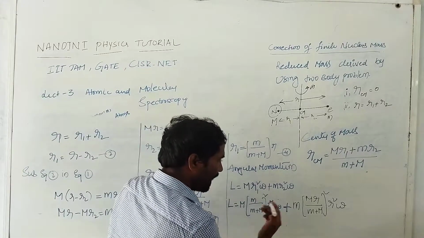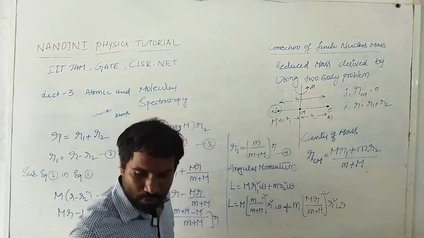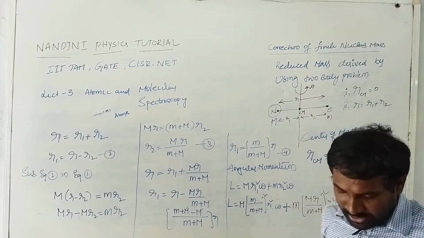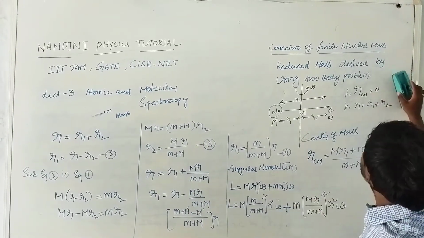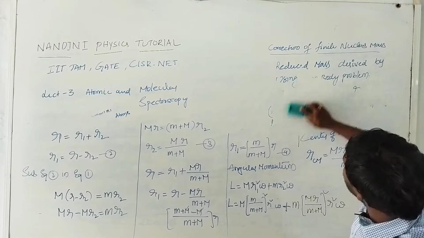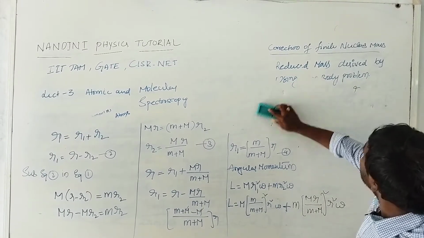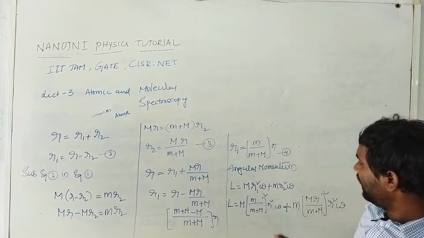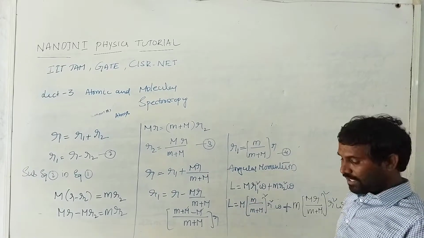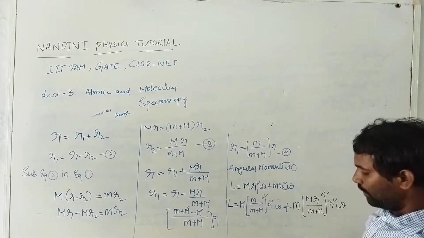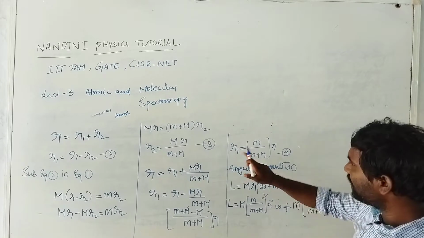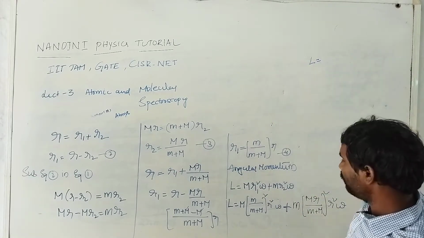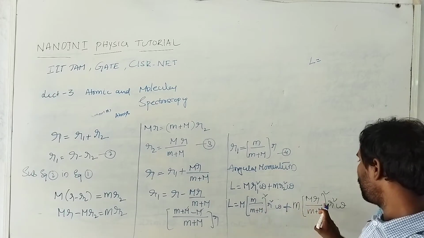I erase these things because they are already done. This is the angular momentum of the two body problem. I substitute the R1 and R2 values in this angular momentum, and finally I get capital L equal to: these are all whole squares.